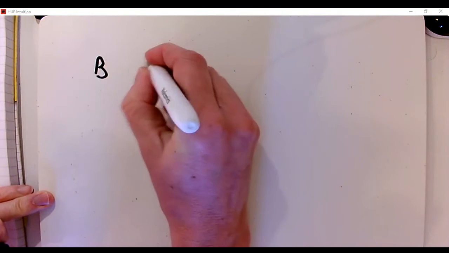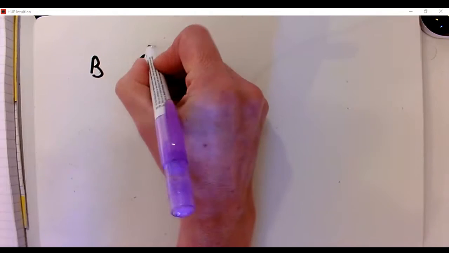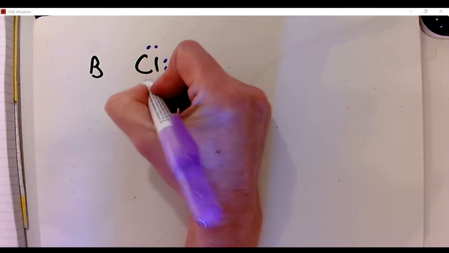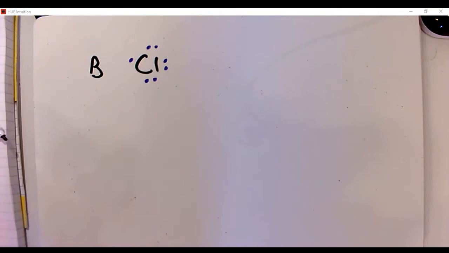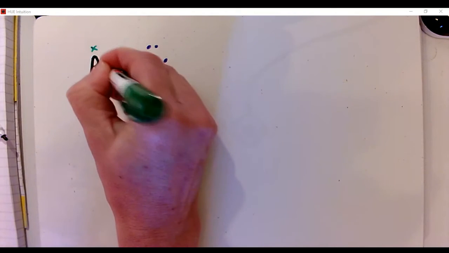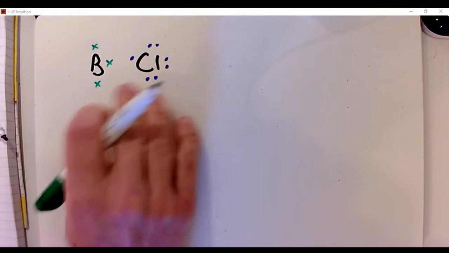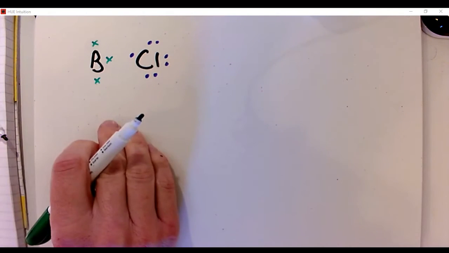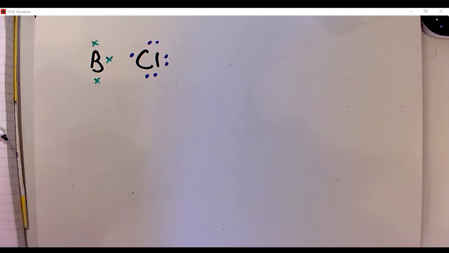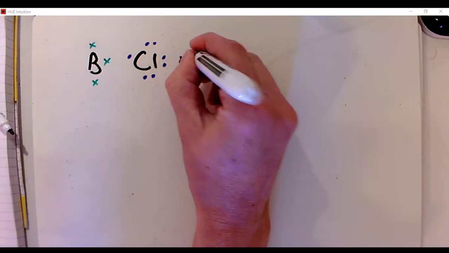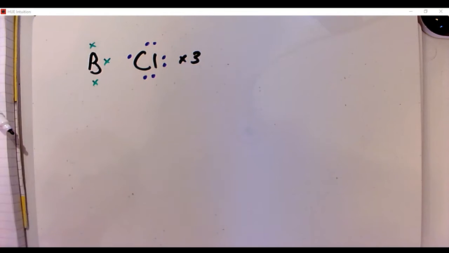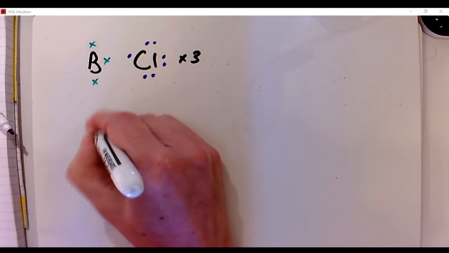Okay, next one is BCl3. So boron, group 3, 3 electrons on the outer shell. Chlorine needs 1, so there's 3 of them. So you're going to form straightforward 3 covalent bonds.